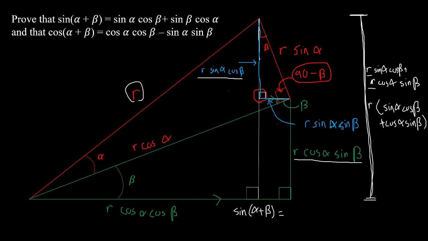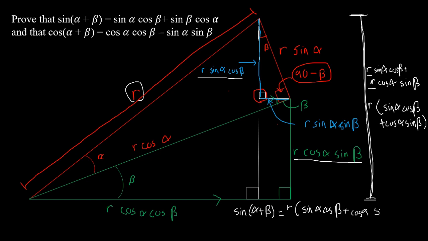Sine is opposite over hypotenuse, so that's going to be the white line segment over this line segment. So that's equal to r sine alpha cosine beta plus cosine alpha sine beta, all over r, because r is the hypotenuse.